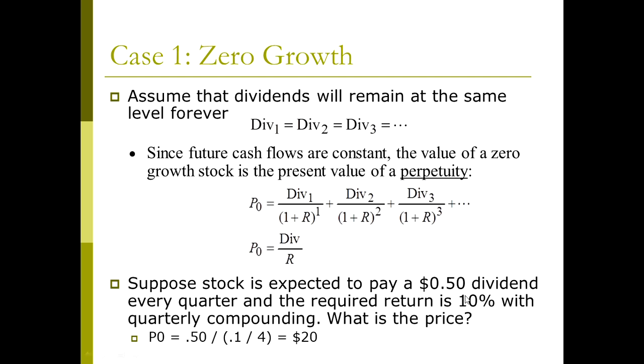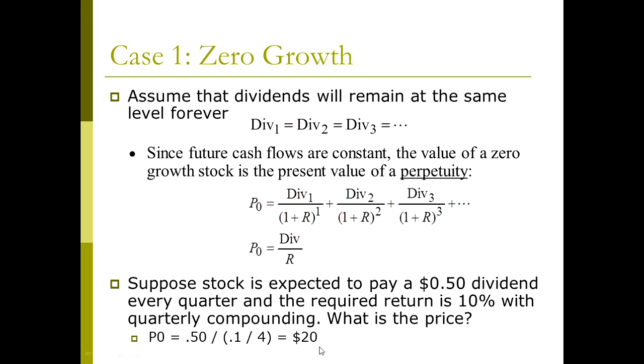Here, you will receive 50 cents each quarter, but the interest rate here is an annualized number, which means we need to calculate the quarterly rate, which is 10% divided by 4. So quarterly dividend payment, 50 cents, divided by the quarterly discount rate gives $20.